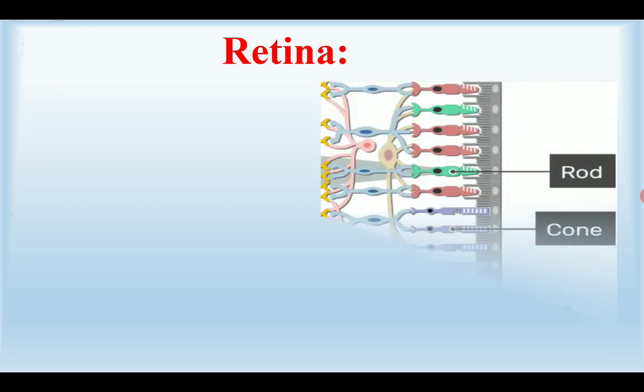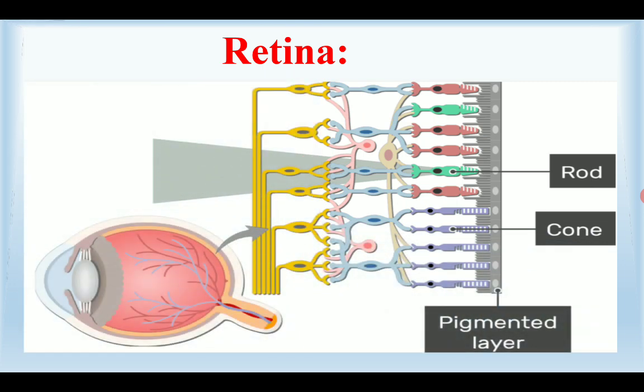Now let us discuss the structure of this retina. As you can see from this figure, we have the eye. The retina is at the backside of the human eye, and the retina has rods and cones. So you can see that we have the rods and cones. Now what are these rods and cones?